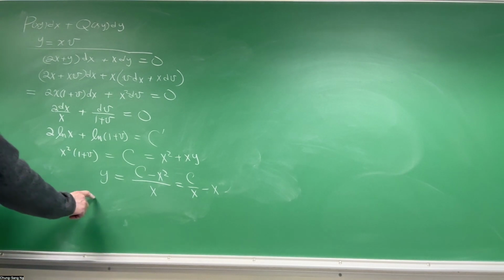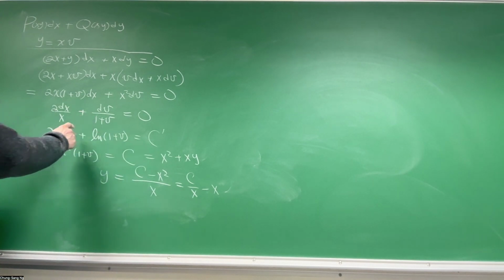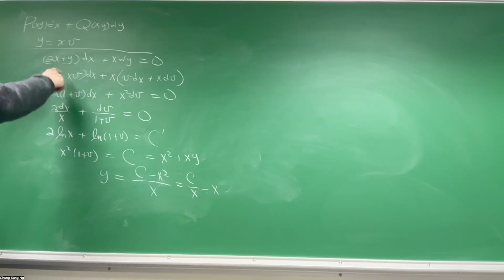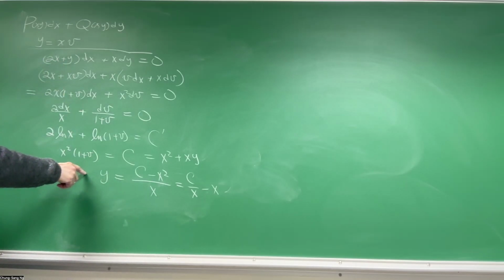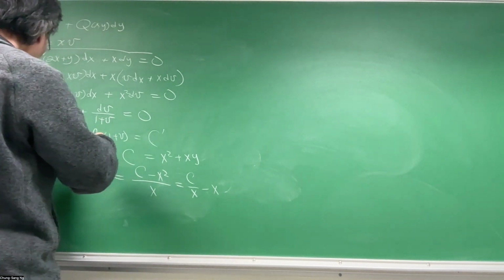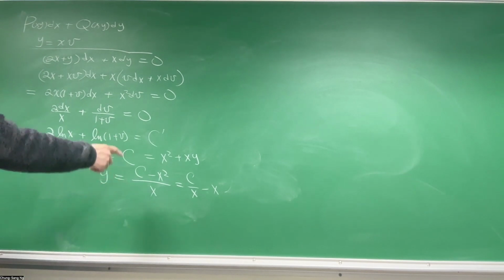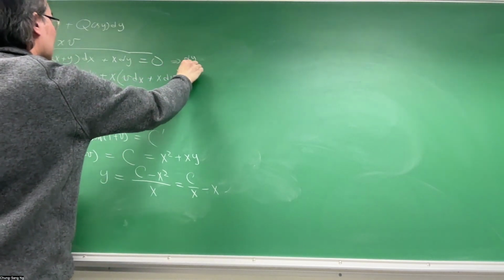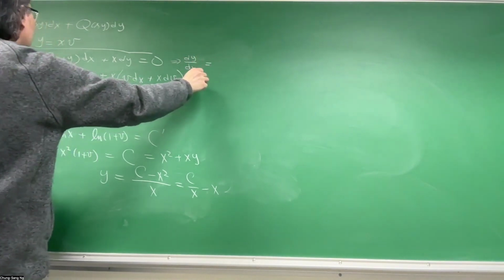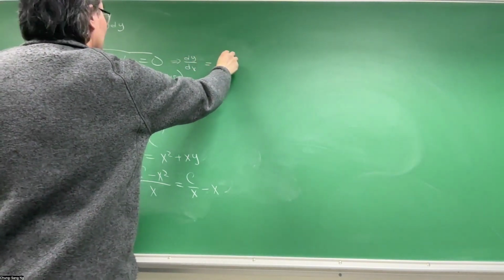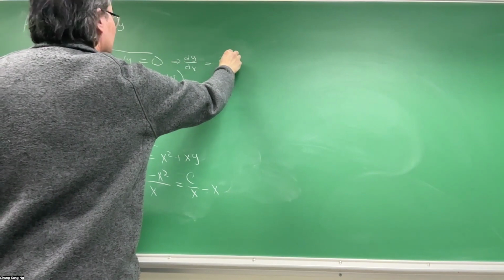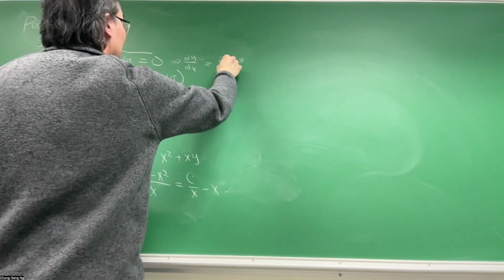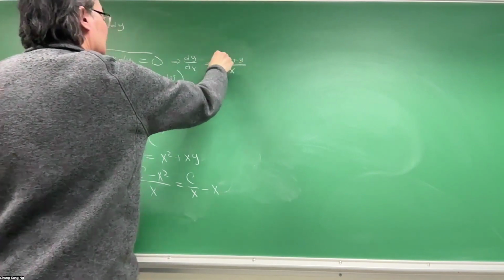But now you go back to the original equation, which is this one, right? I mean this is just dy dx equals minus (2x plus y) over x, right?